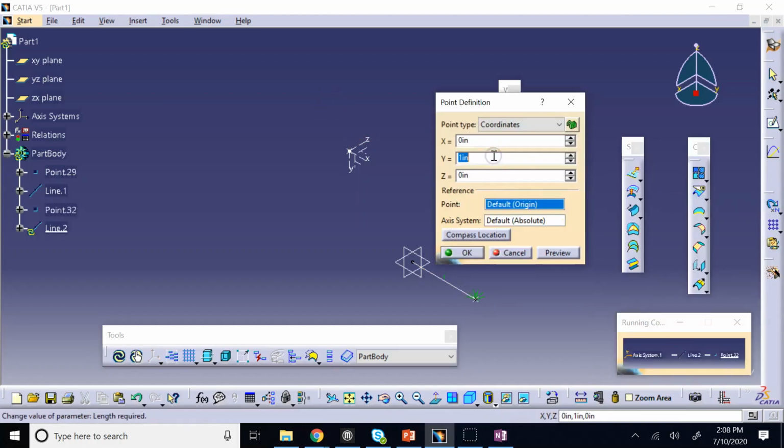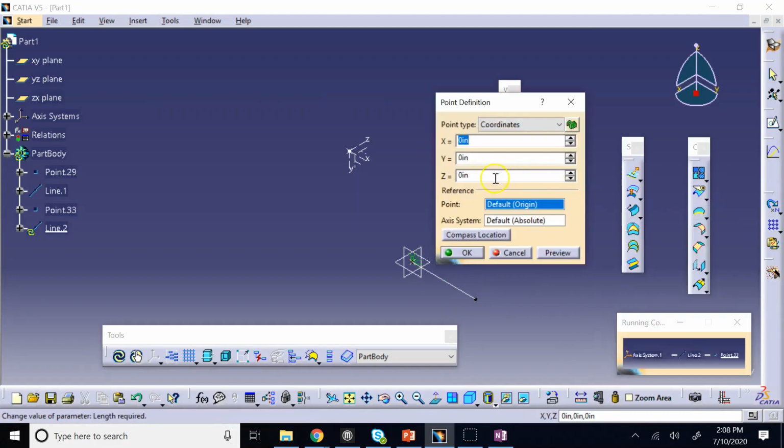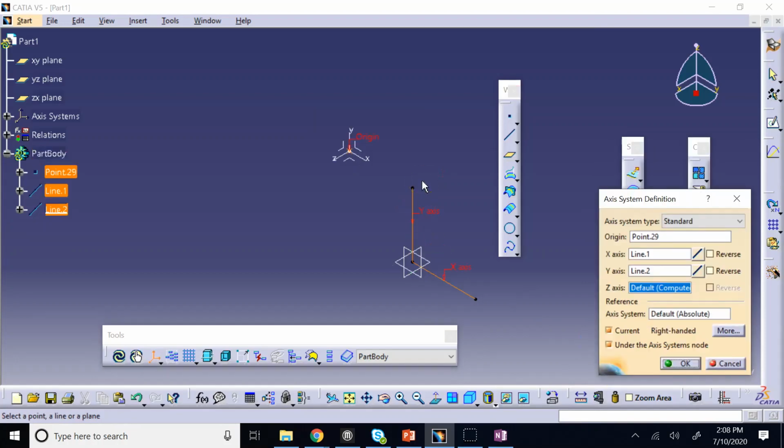I choose my origin to be 0, 0, 0, and the second point to be a point on the z-axis. Right, so now this is my new y-axis. And then, of course, z is going to be default. It's computed, because it's a right-handed system. So once you know x and y, z is perpendicular to both.